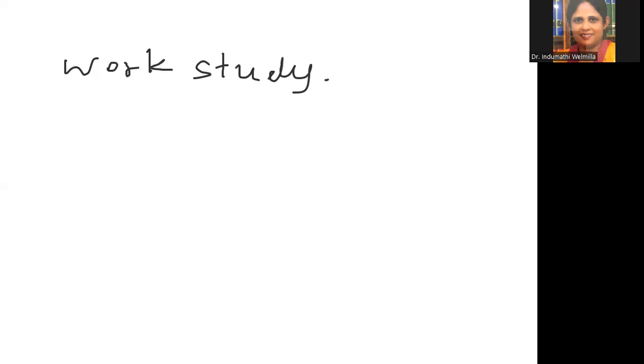But these observations have a behavioral impact on the worker. Therefore, the worker associates such studies related to his productivity with a feeling of insecurity. Often the worker fears that if he or she is found to be inefficient, his service would be terminated.